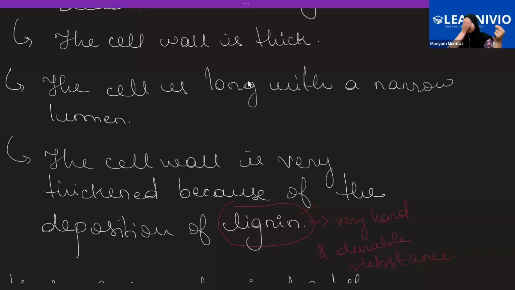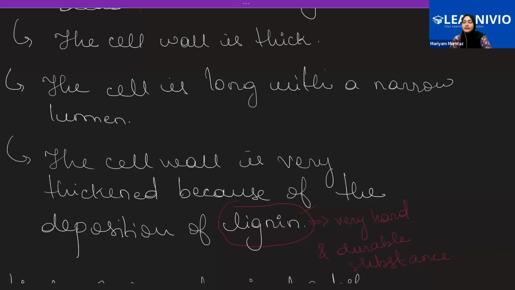Okay. So, first of all, you tell me, what are permanent tissues? Tissues that have lost the ability to divide. Very good. The tissues that have lost the ability to divide are called permanent tissues. They are of two types, simple permanent and complex permanent, depending upon the cells that they have.